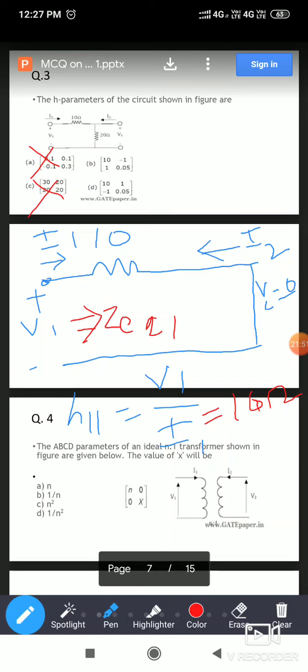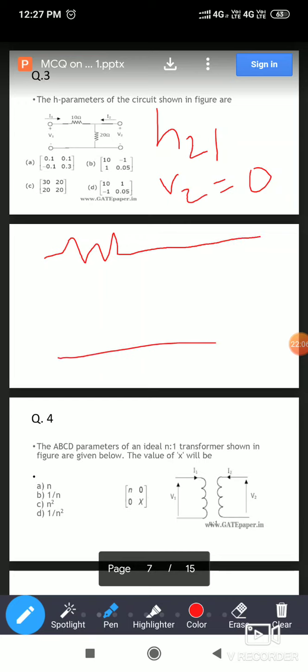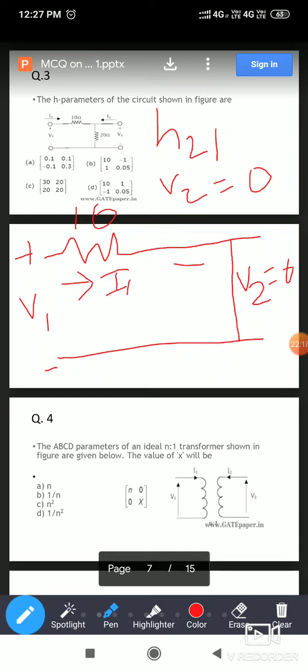Now we will solve the next one. How to find the value of H21? By putting V2 equal to 0 only. Now I will draw the circuit once again. This will be V2 equal to 0, this will be the 10, this will be the plus minus V1, and the current I1 will flow, and this current will be I2.